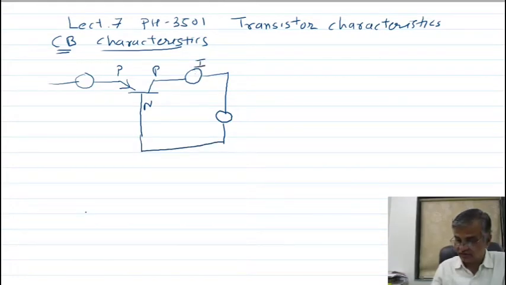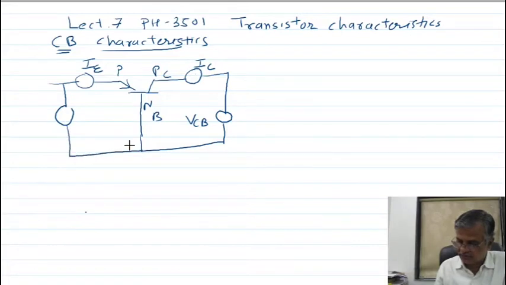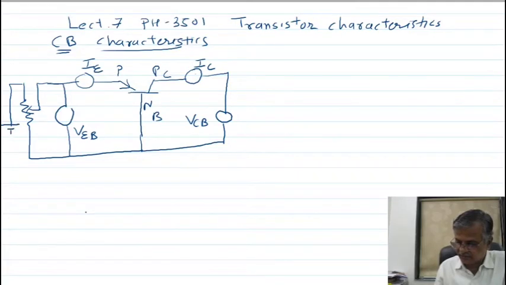These are current meters, and these are voltmeters. This is the collector, this is the base. This is the input current meter, and this is the input voltmeter, VEB. To vary the voltage, it is required to connect a potentiometer circuit. So I am connecting a potentiometer circuit.